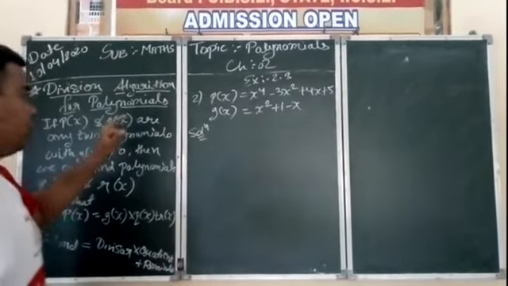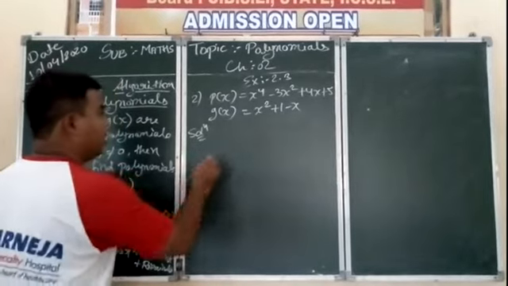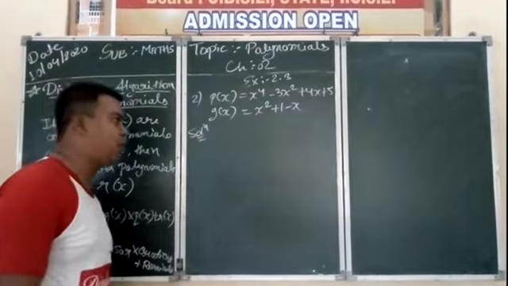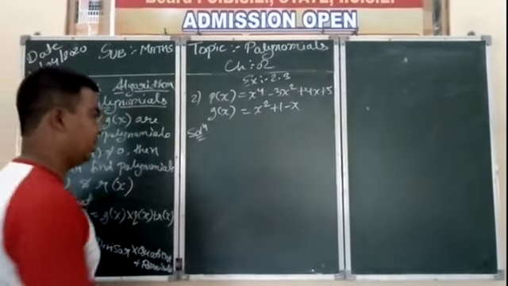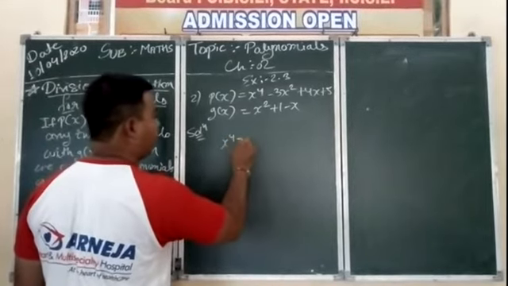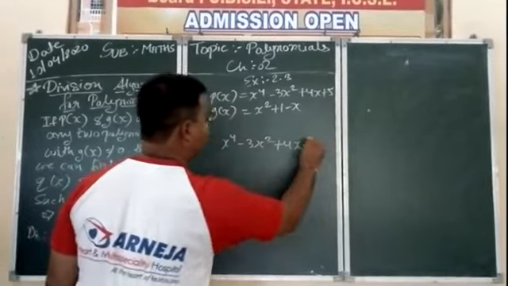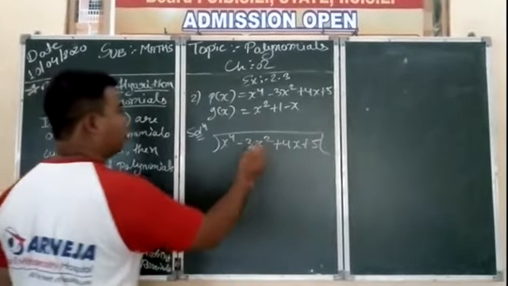Again we continue with the second question of exercise 2.3. Here P of x is given as x to the power 4 minus 3x square plus 4x plus 5, and g of x is given as x square plus 1 minus x. We divide, so first we arrange this.